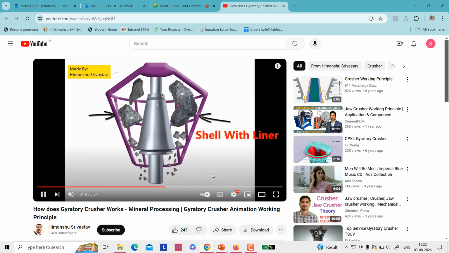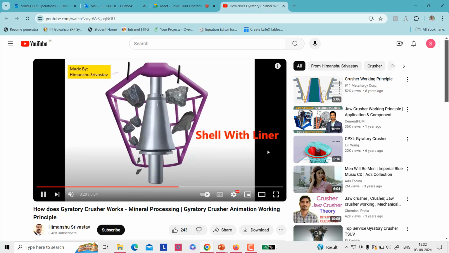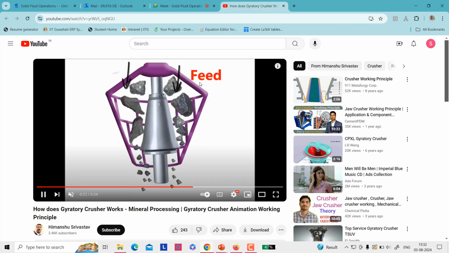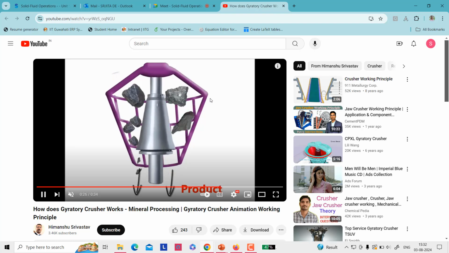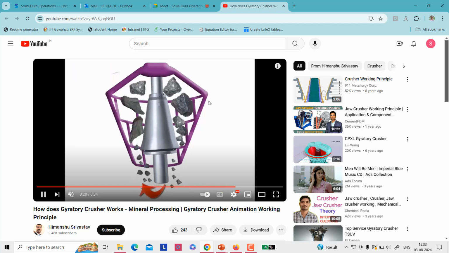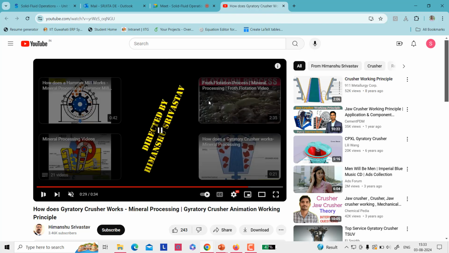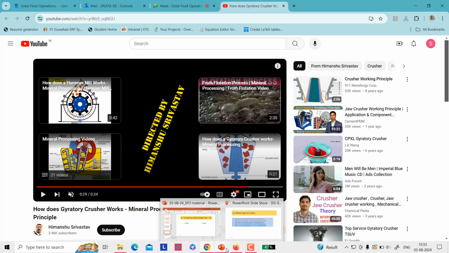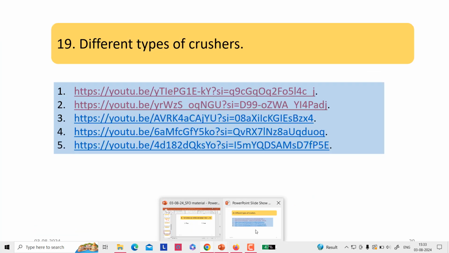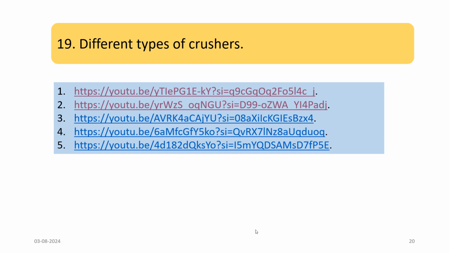You can see this is the shell with liner, and from the top feed is coming, and there is some kind of conical shape. That is why it is called the gyratory crusher. The principle is the same, because in jaw crusher also the bigger particles are getting crushed. Here also bigger particles are getting crushed.